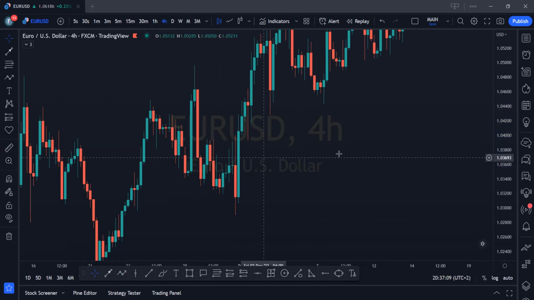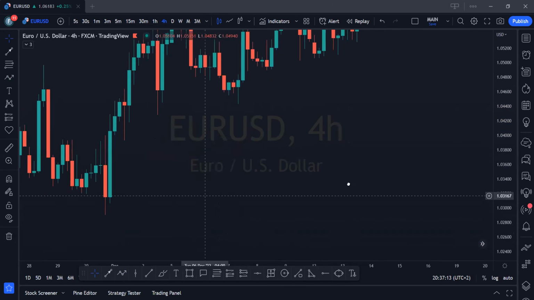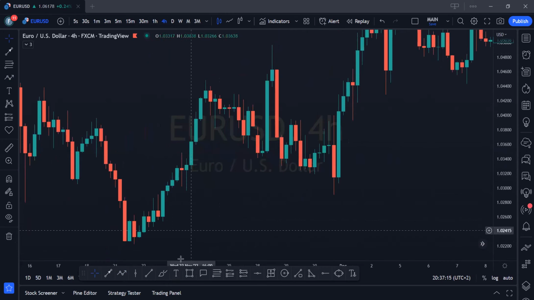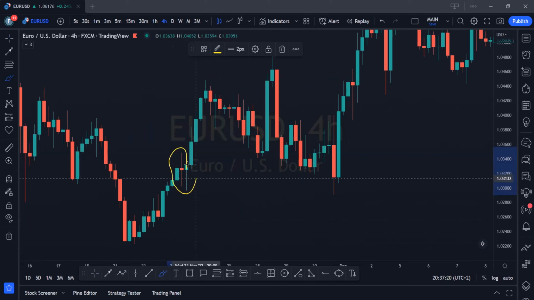Now, let me show you what really happened. Check out this zone here, this red candle. This is a zone. Let's replay this.